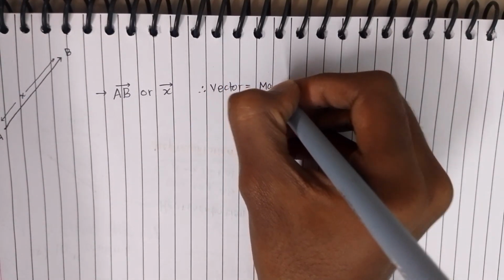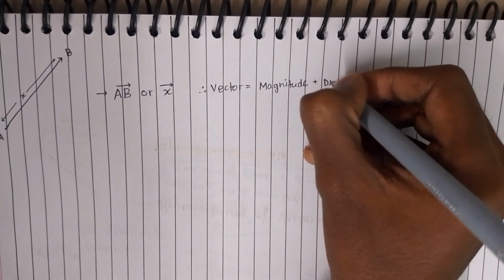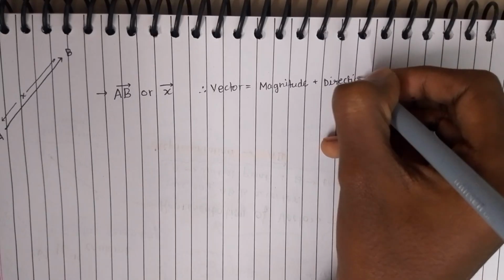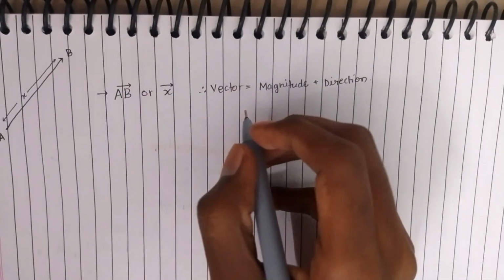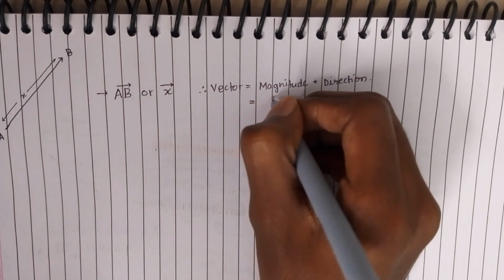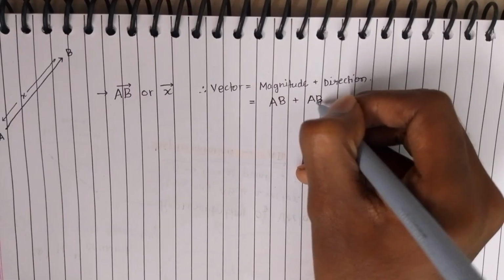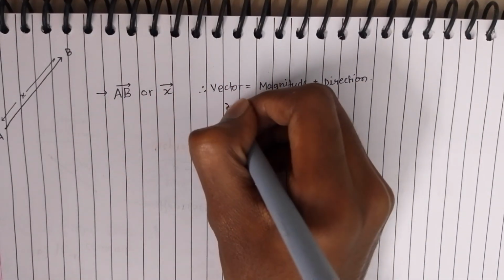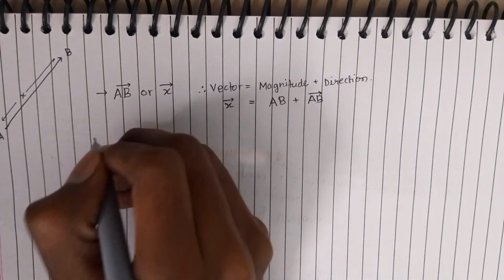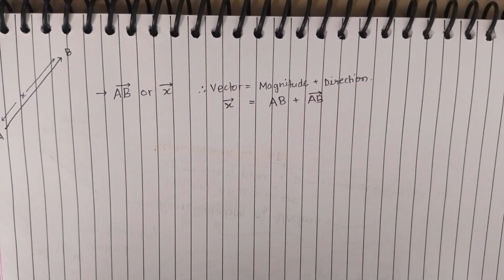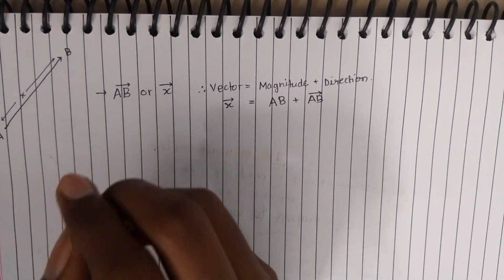One is magnitude and the other is direction. Magnitude is definitely AB and direction is given by the arrow, which gives you vector x. You have definitely heard of the modulus function in mathematics. That's something like this.